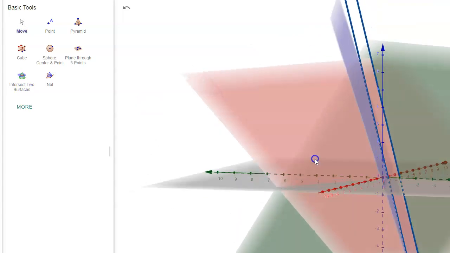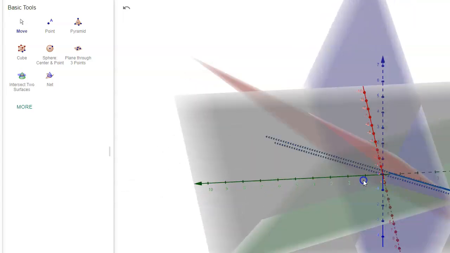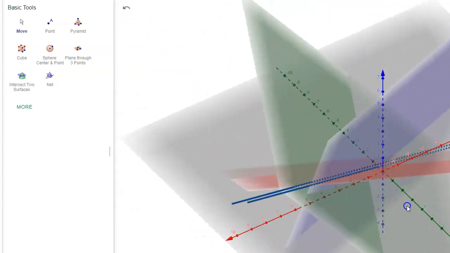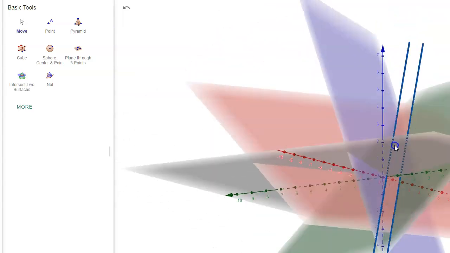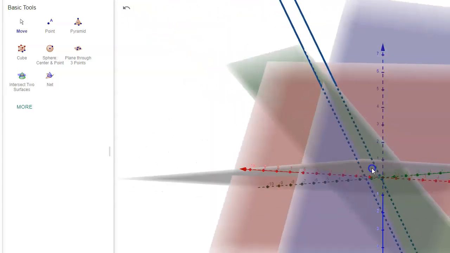So if you notice, eventually the green and the purple one intersect down below, but the three of them, you've got a set of parallel lines so that there's no way they intersect together, so that all three intersect.